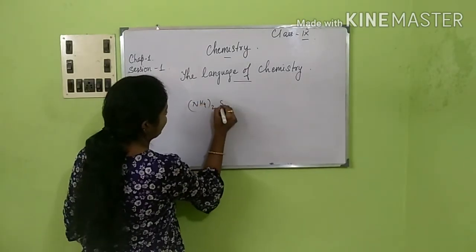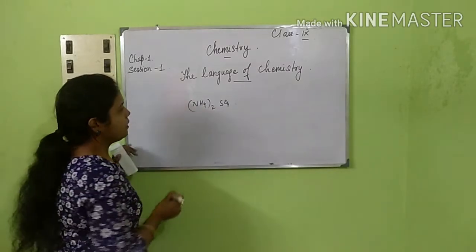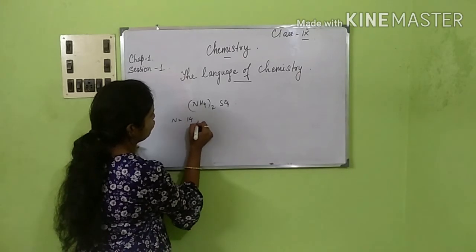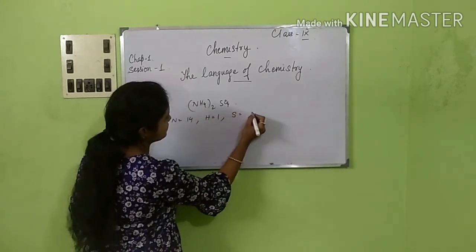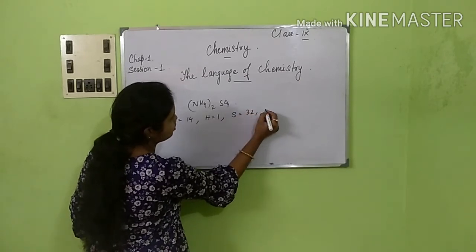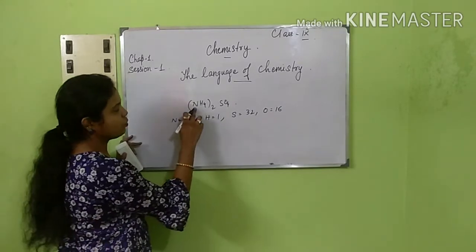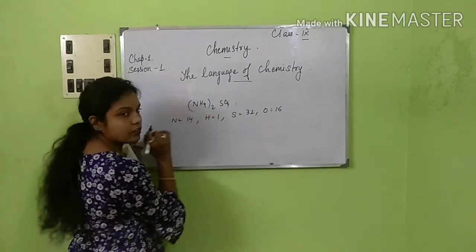One more example: (NH4)2SO4, ammonium sulfate. Now N we know is 14, H is 1, S is 32, oxygen is 16, right? The 2 outside the bracket will be multiplied with everything inside.